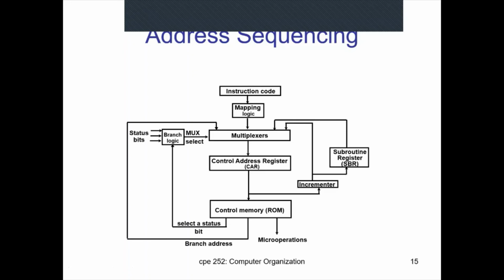The data is present in the main core part of ROM, and it will be executed by the subroutine register SBR. Status bits are used to mark the status, whether the dish is ready or not, whether the task is accomplished or not.